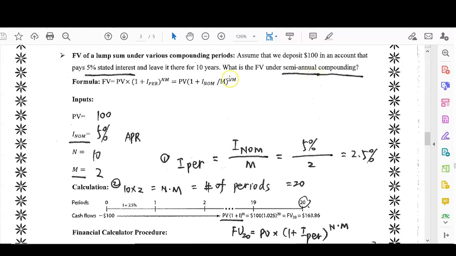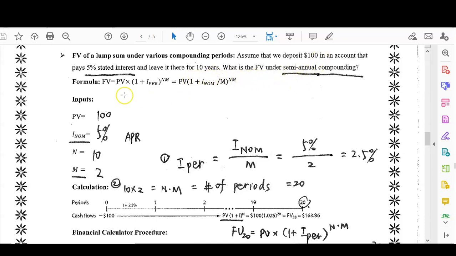Also here, what we know is the stated rate, or APR, or quoted rate, or nominal rate. So we need to convert this 5% into semi-annual rate, the periodic rate. We also need to calculate number of periods by using number of years multiplied by compounding periods per year.